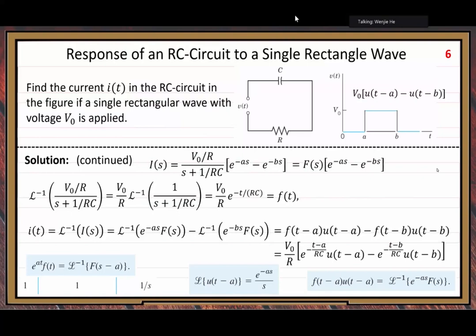Then definitely you need to get familiar with the basic formulas. So you can see this Laplace transform is a very powerful tool for solving ODEs. They're very powerful.